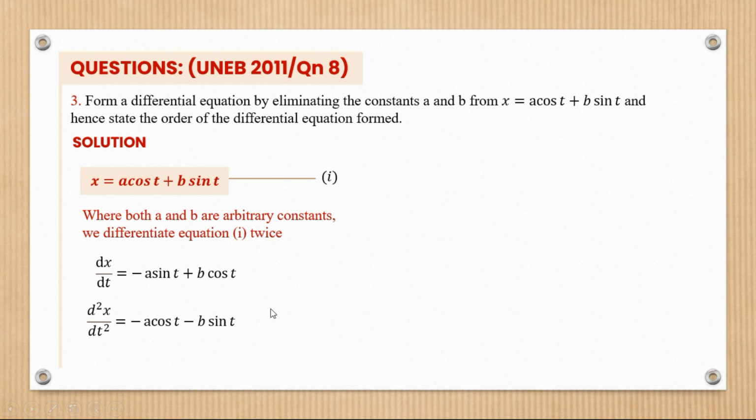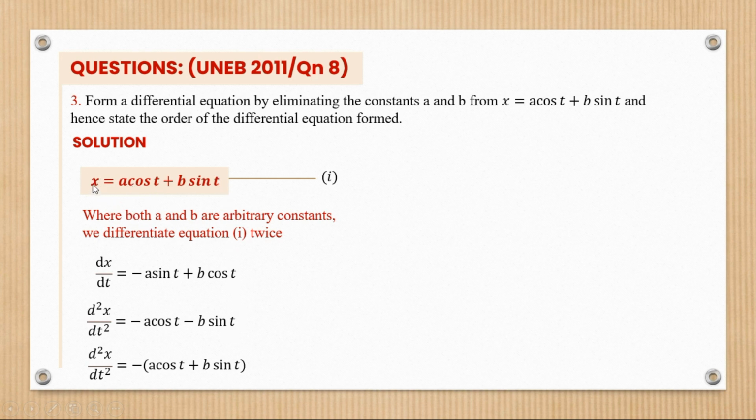Alright, so now that we've done that, we can already see that we still have the a and b values involved. So that means somewhere along there, we're going to have to substitute for them. Now when I look here in the second derivative, I see something unique. I can pull this minus sign out of the brackets. So that means my second derivative can be minus bracket a cos t plus b sin t. So when I do that, I see something very unique. I can see that x is equal to a cos t plus b sin t.